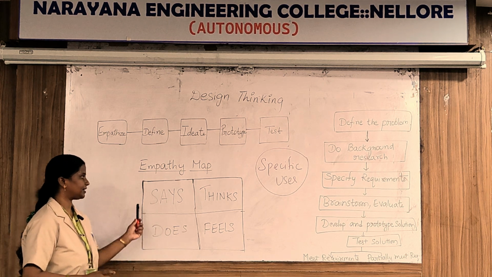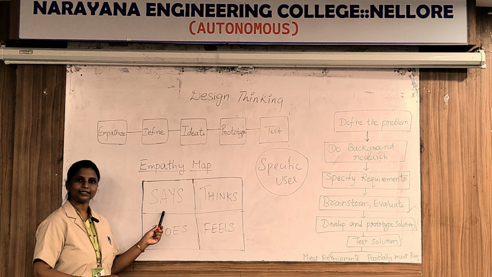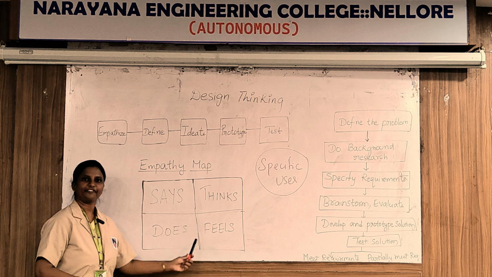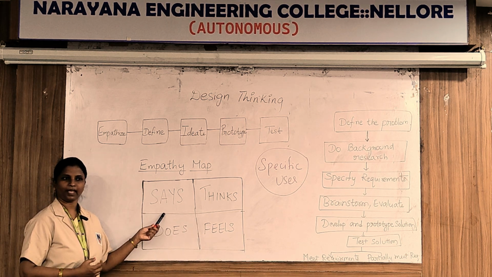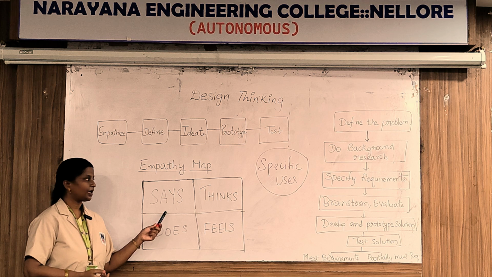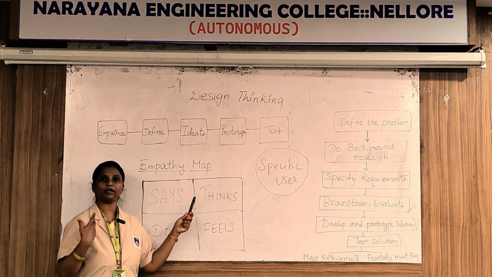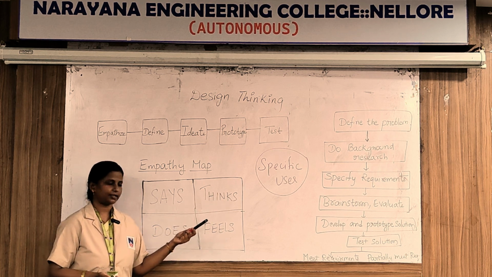Let us discuss. It's in the form of a quadrant. The first quadrant says, thinks, does, feels. Suppose I want to say something. I will just pass a statement. But after passing the statement, in my mind something would be running. I would be thinking something else.